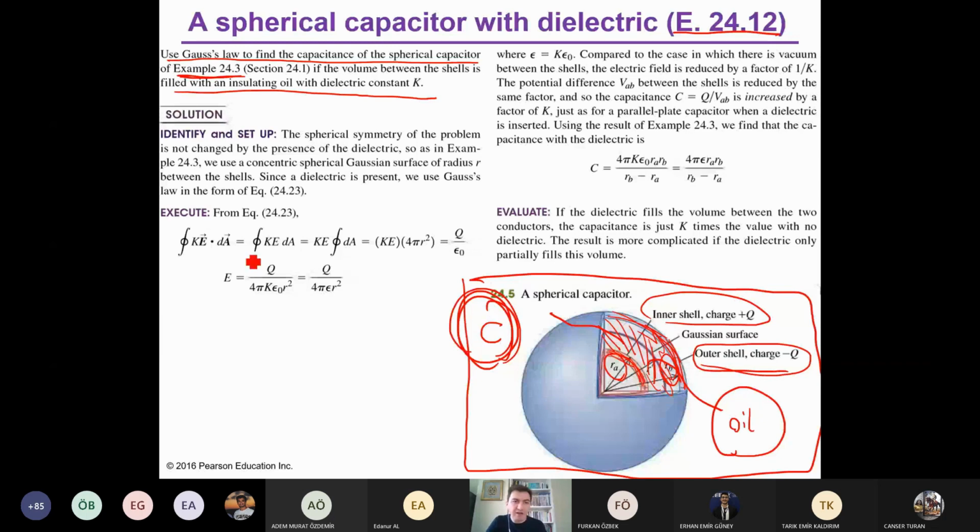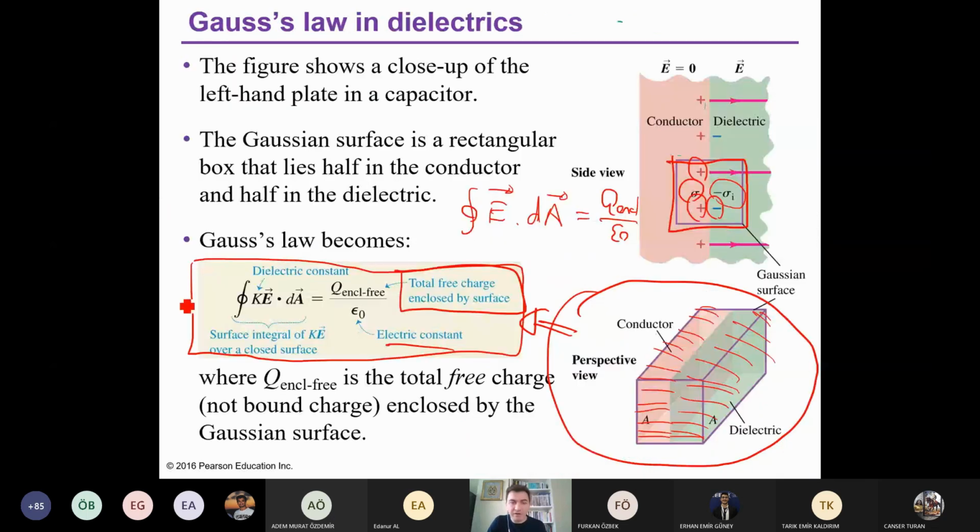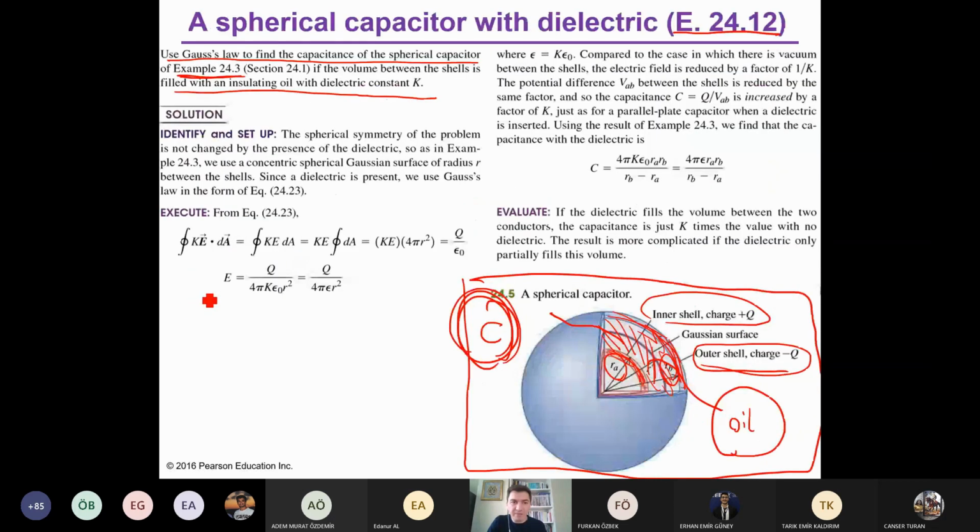Then just apply Gauss's law to find the electric field. This is Gauss's law for dielectrics, which we have learned here. We have K E dA, and take K and E out, and this is the area of the sphere if you choose a certain radius R, and this is the Q within this Gaussian surface.